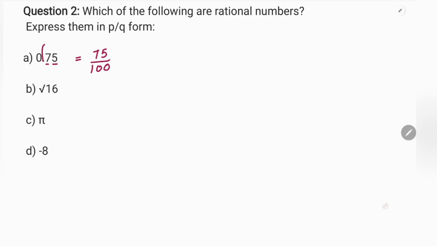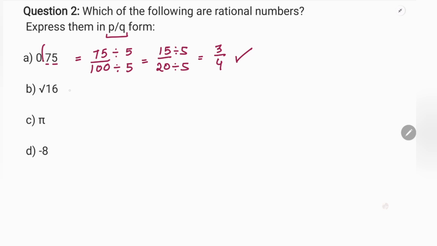Then I will simplify, first with 5 and then 5 again. What did we get? 3 by 4. So 3 by 4, this is 75%, this is 3/4. We represented it in the form of p by q, right?